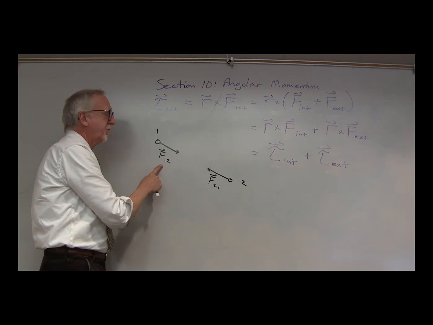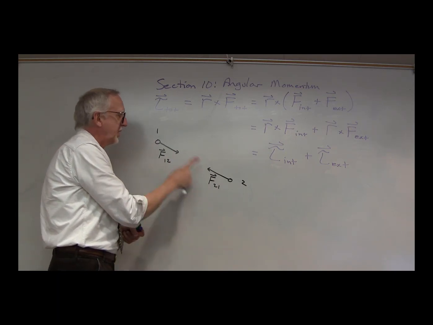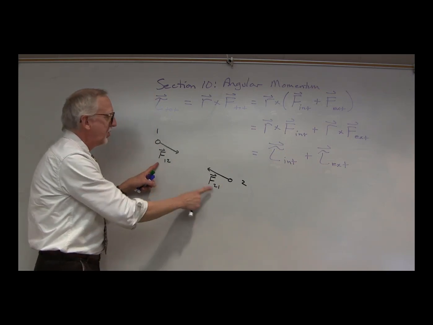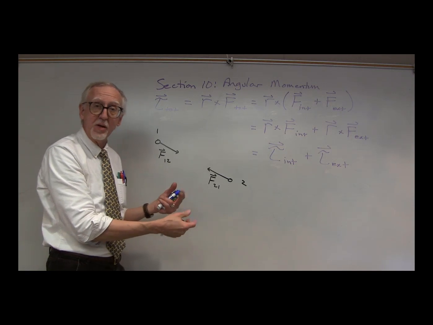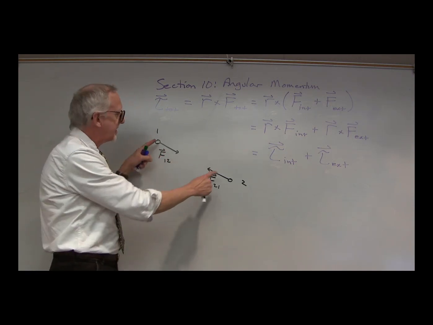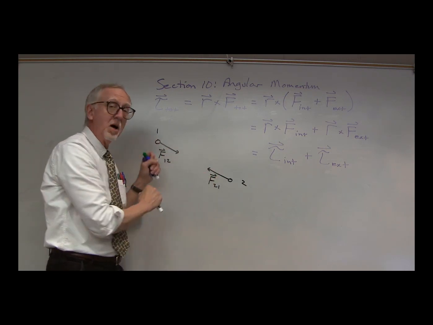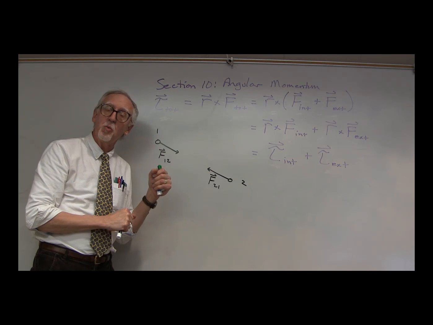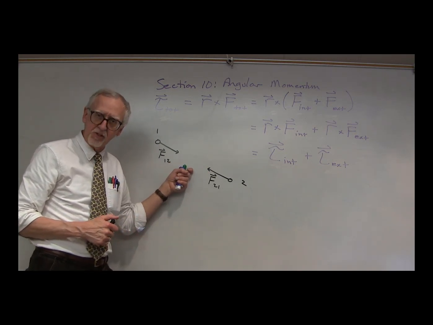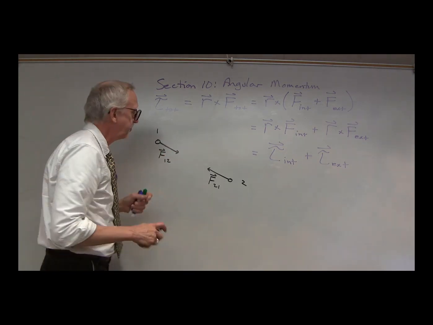Object 2 exerts a force on object 1, we'll call that F12. Object 1 exerts a force on object 2, we'll call that F21. We know that F12 and F21 have to be equal and opposite from Newton's third law. And for the time being, let's imagine that F12 and F21 act along a line connecting particles 1 and 2. This would certainly be true for gravity. It would also be true of the electrostatic force. So there are a couple of examples where this is absolutely true.